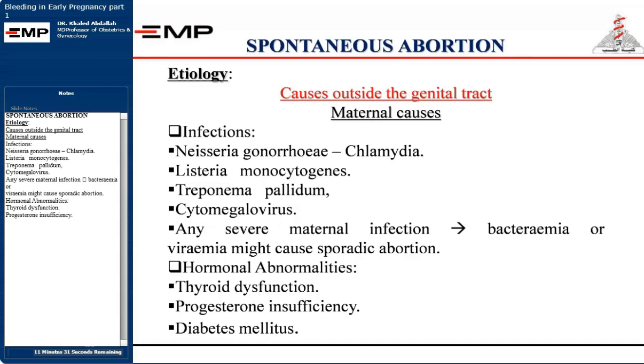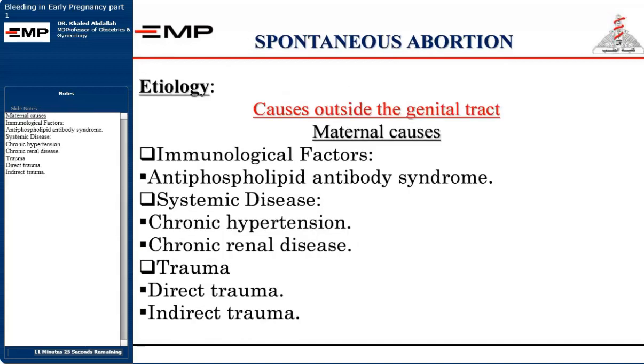Hormonal abnormalities: thyroid dysfunction, progesterone insufficiency. Maternal causes: immunological factors, antiphospholipid antibody syndrome, systemic disease, chronic hypertension, chronic renal disease, trauma, direct trauma, indirect trauma.